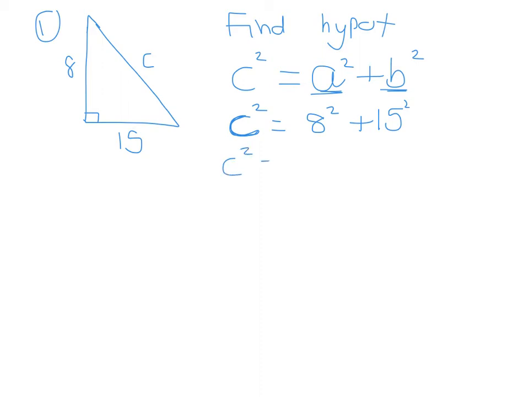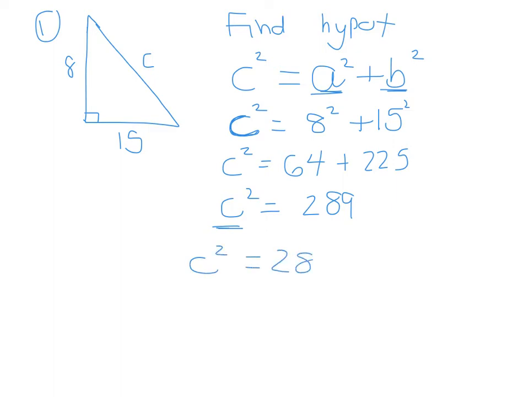So C squared is going to equal 64 plus 225. C squared equals 289 when I add those together. Now, to find C, I'm going to rewrite this. We have to take the square root of both sides of this equation.